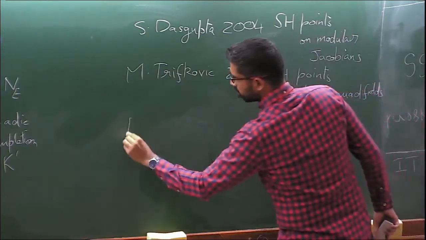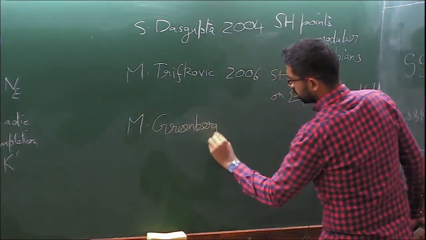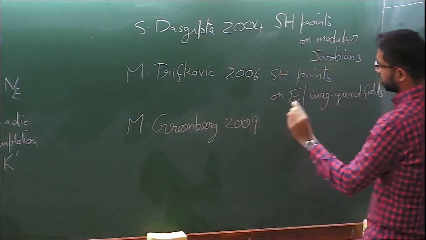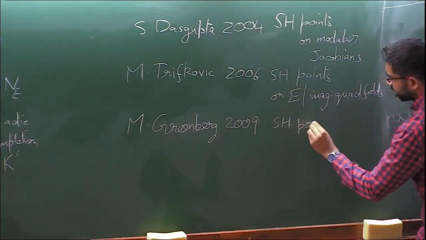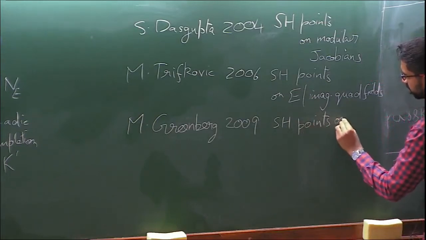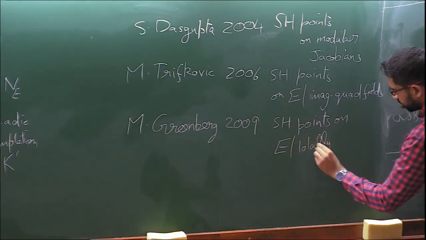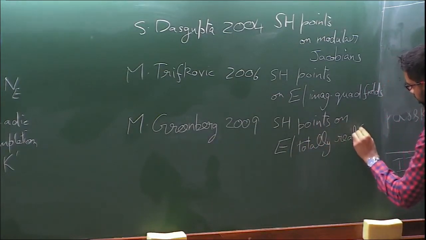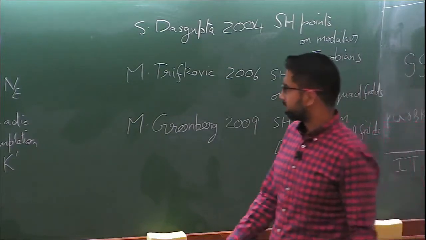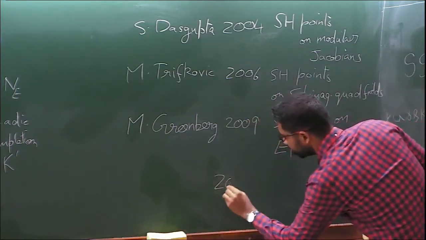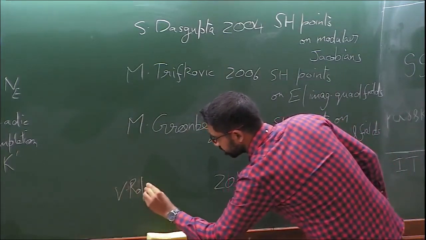And then Matt Greenberg, soon after, I believe this was 2009 or thereabouts. So it's the real quadratic analog, or totally real analog: Stark-Heegner points on elliptic curves defined over totally real fields. And then more recently, I think around 2012, is due to Victor Rotger and Marco Seveso.